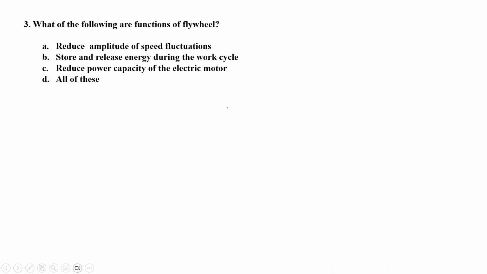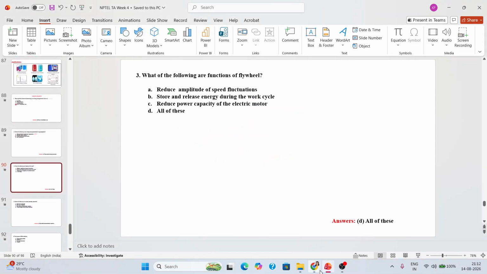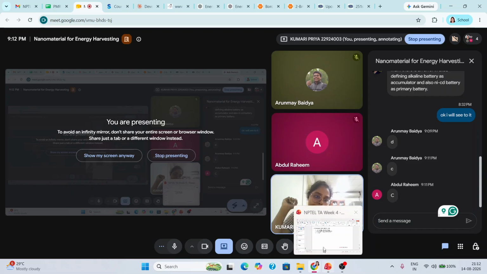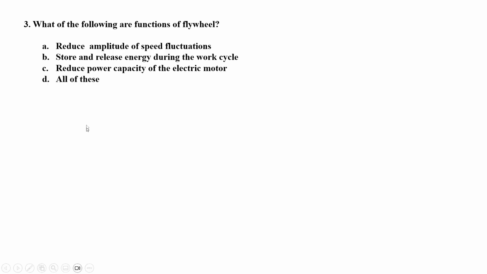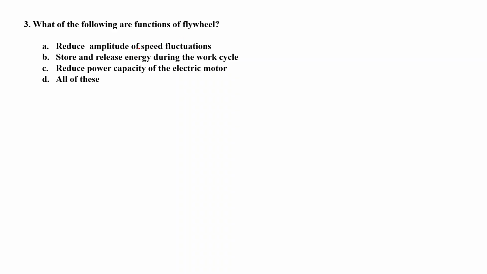So this flywheel reduces the power capacity of the electric motor. All these are the functions of flywheel. It reduces the amplitude of speed fluctuation, stores and releases energy during the work cycle.